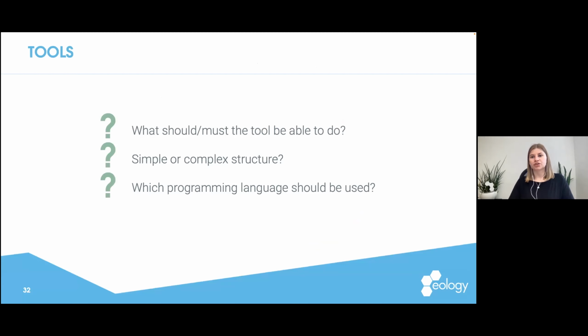When you want to publish a tool, this is what you have to keep in mind. You have the requirements for the tool. What should or must the tool be able to do? Is it a simple or a complex structure, and which programming language should be used? It also has to be system independent and usable on as many devices as possible: desktop, mobile, different mobile phones, different browsers.